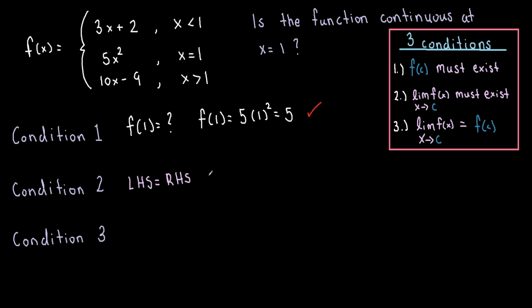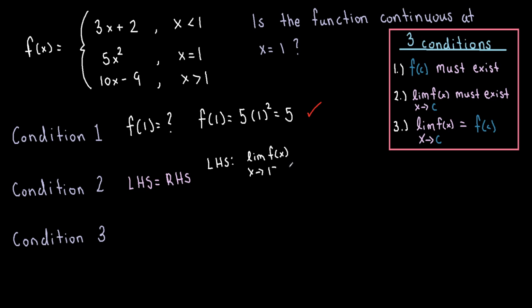So let's solve for the left-hand side limit first. So the limit from the left-hand side is going to be the limit of f of x as x approaches 1 from the left-hand side.